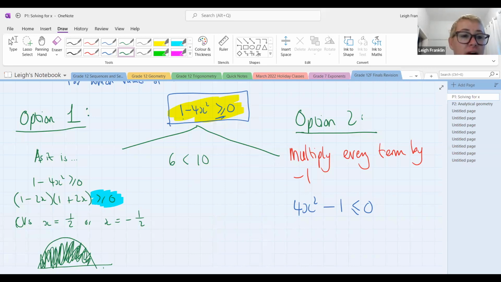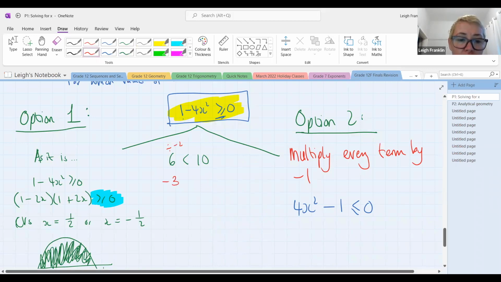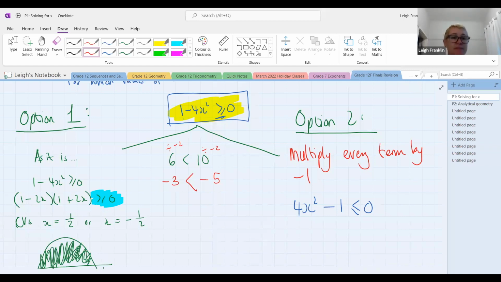But if I divide the left-hand side by -2, I would end up with -3. If I divide the right-hand side by -2, I would end up with -5. If I keep my sign in this direction, I'm saying that -5 is bigger than -3.